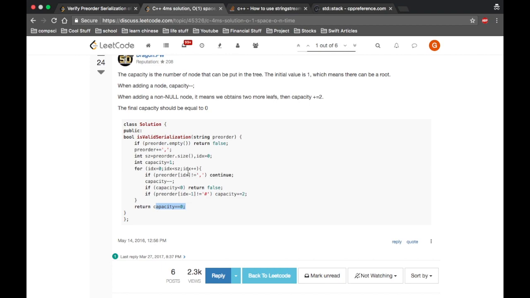I know there's a similar problem where you're given a string of parentheses, and you're just trying to see if the parentheses are valid, like all the open parentheses match with the closed parentheses. I actually gave the solution to my friend a year or 2 ago. He was doing all the stack stuff, and I was like, why don't you just keep track of how many open parentheses there are?